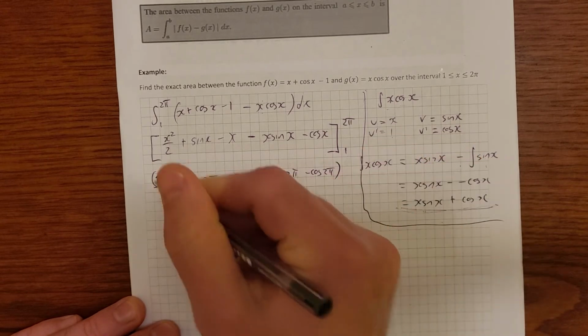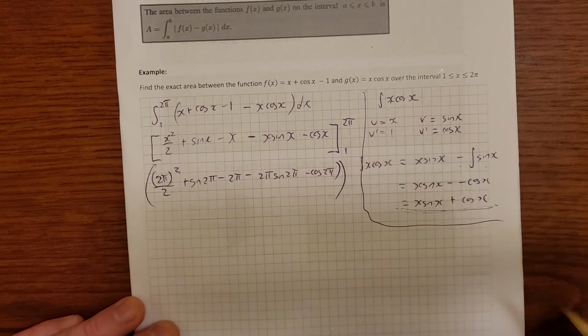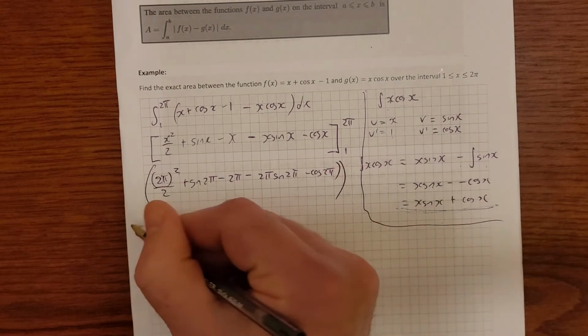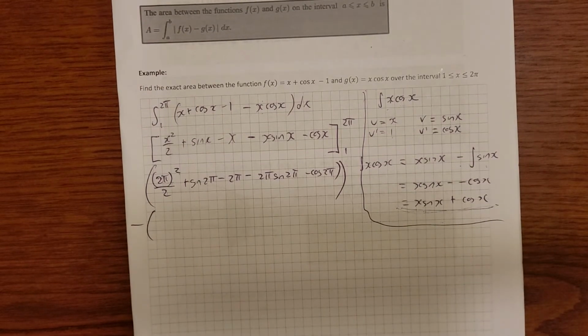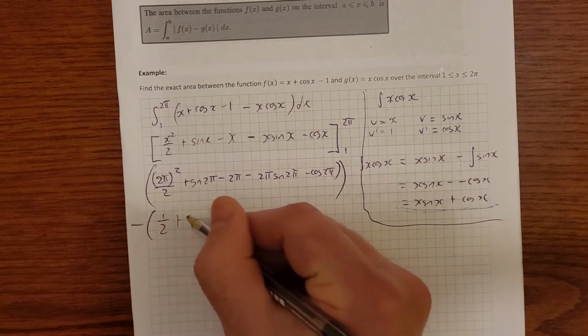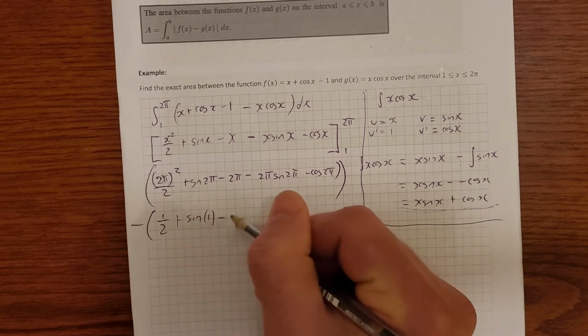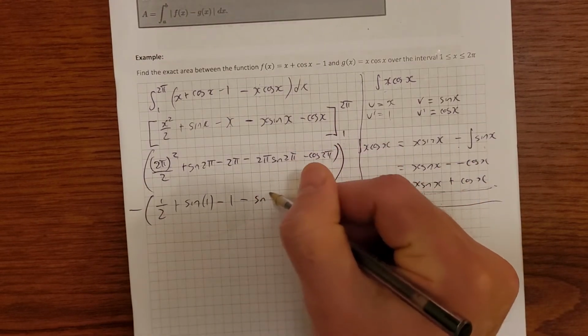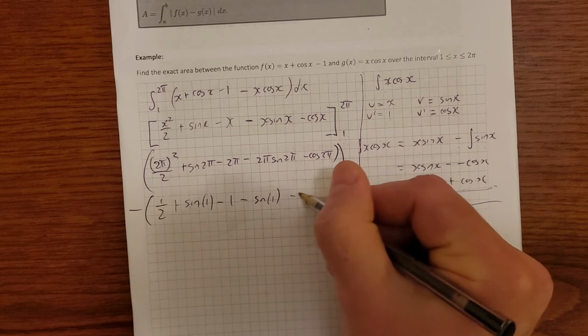That's when we sub in the upper boundary. Then we subtract the lower boundary, when we sub 1 in: half plus sine 1, take 1 times sine 1, so take sine of 1 as well, and then take cos of 1.